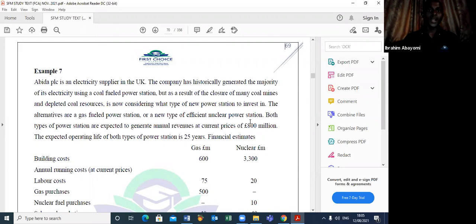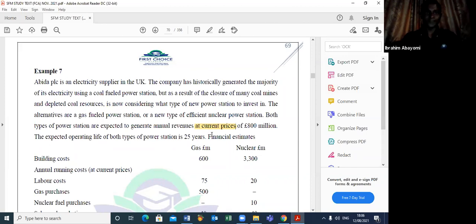Now, both types of power stations are expected to generate annual revenue at current prices. Take note. At current prices of 800 million. The expected operating life of both types of power station is 25 years.